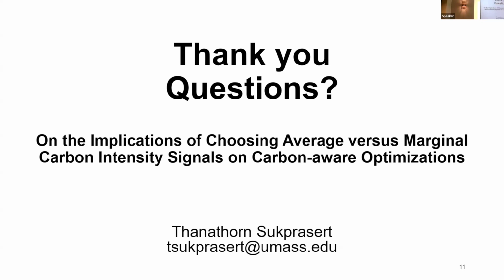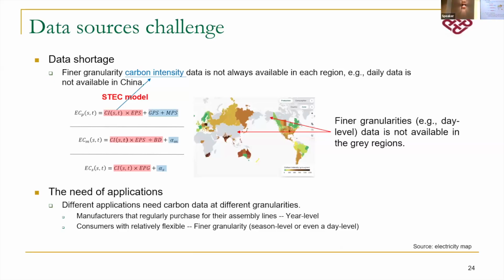So some of the grids actually give you the marginal sources, but it's not available for all the grids. Most of the time it is a model. Yeah, so for some grids they do publish the marginal data, but not every grid has that. Okay, thank you. Yep.